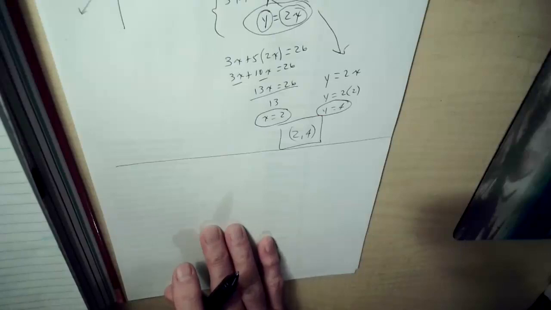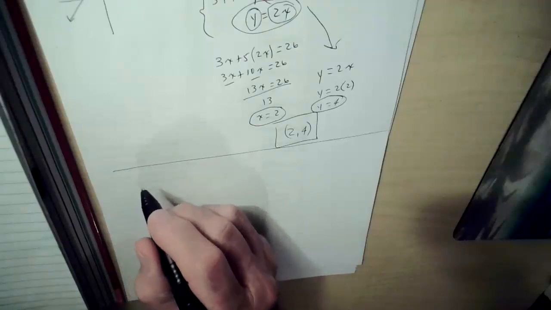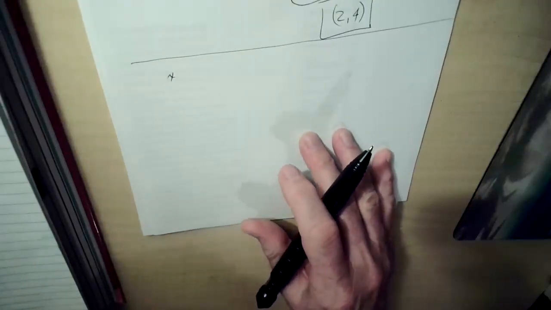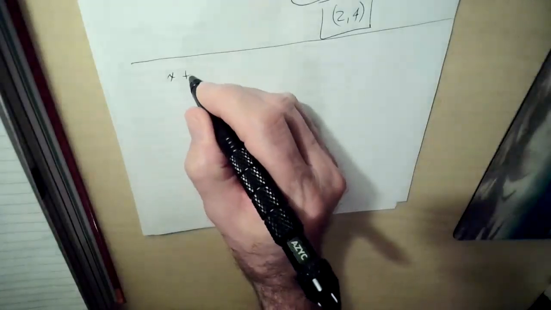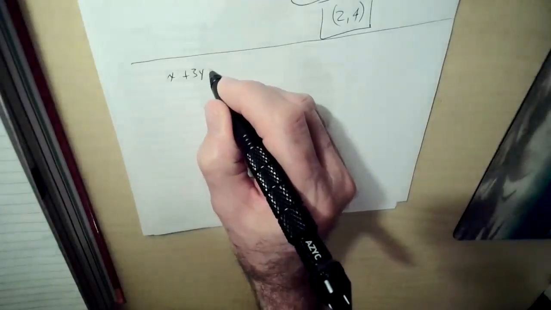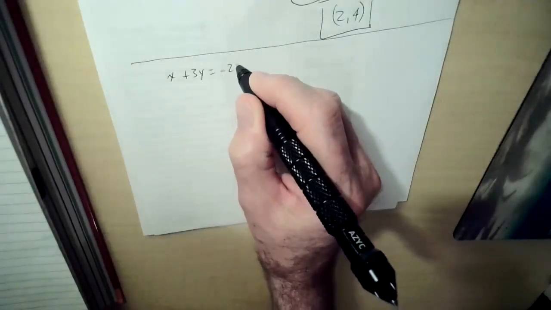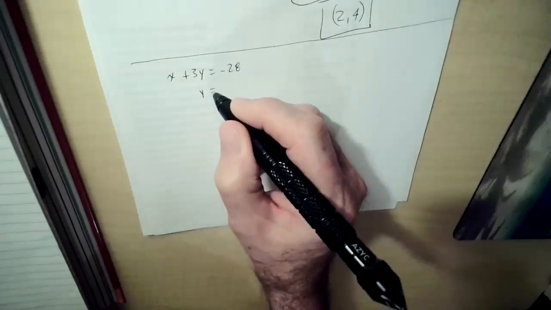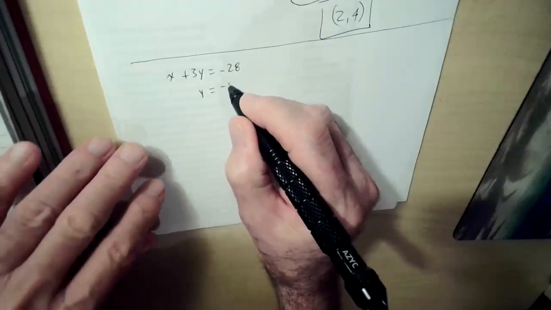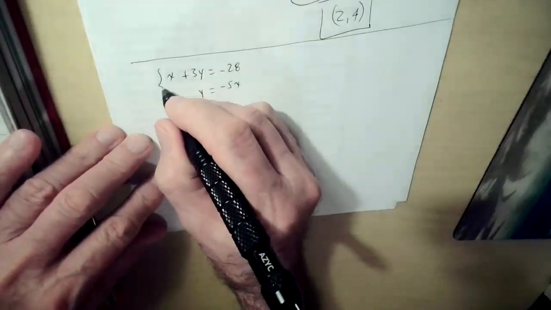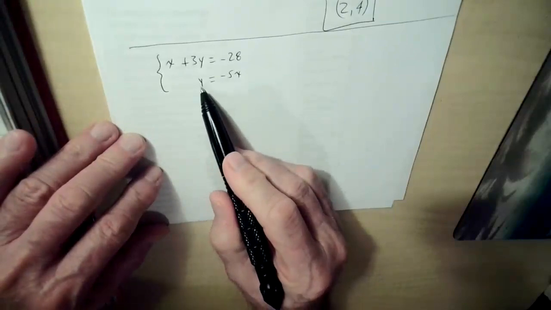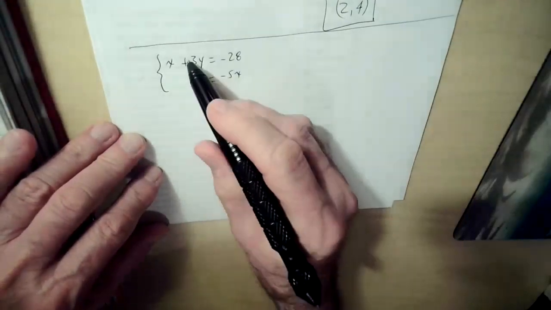So what if we have x plus 3y equals negative 28, and we have y equals negative 5x.